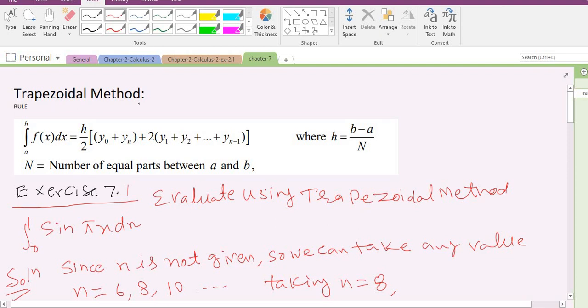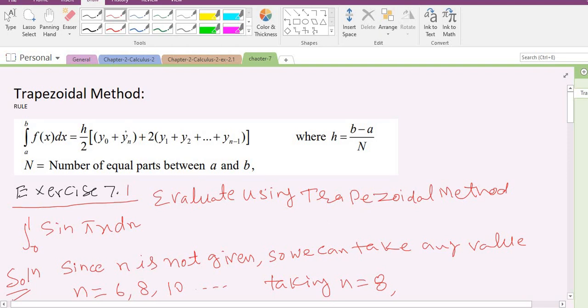What is the trapezoidal method? The rule for the trapezoidal method is: the definite integral from the limit a to b of f(x) dx is h by 2 times, in the bracket, y0 plus yn.